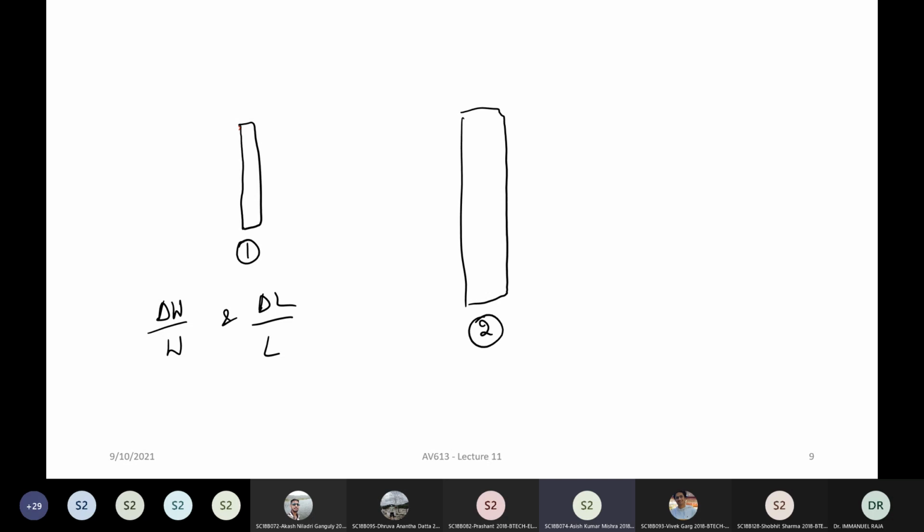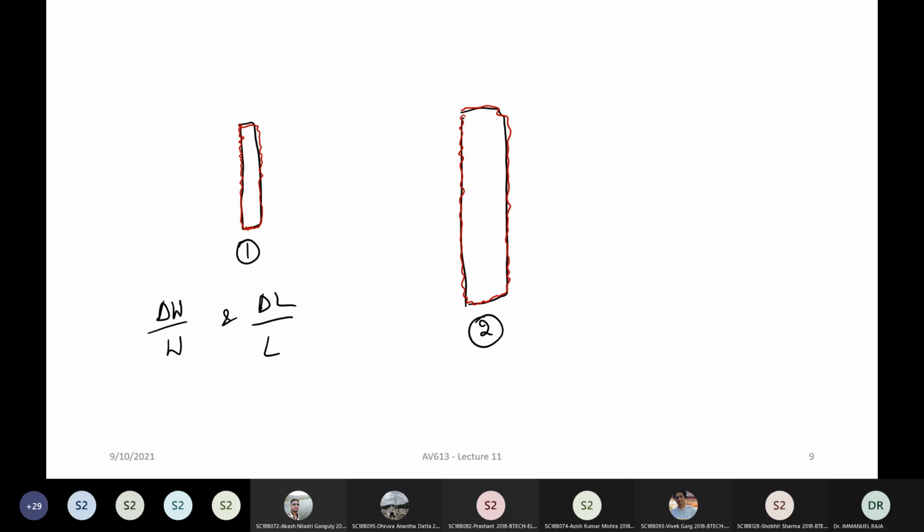Very good, right? Because of the lithography limitations, the delta L or the delta W, whatever you see here, will be the same for both the devices, whereas the denominator is different. So what can we expect?